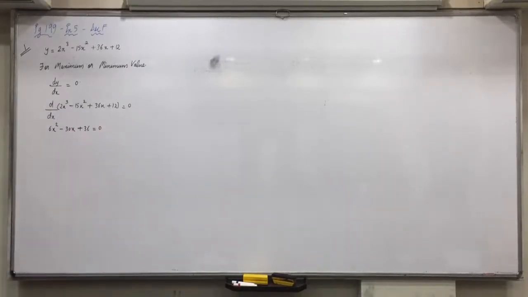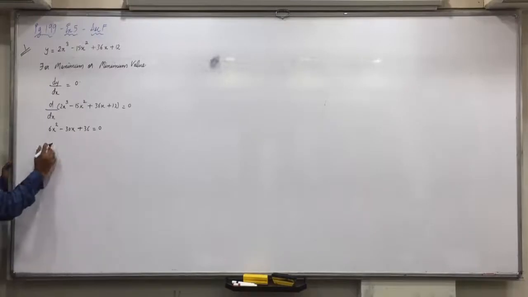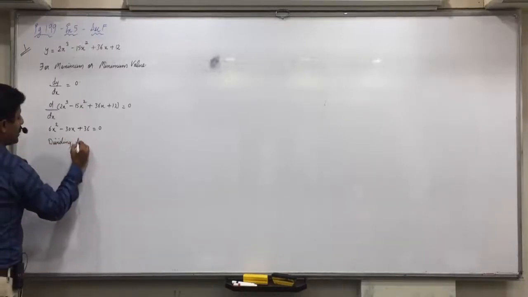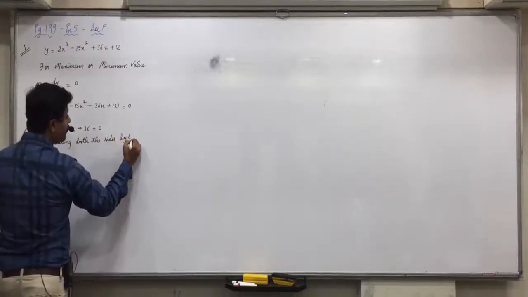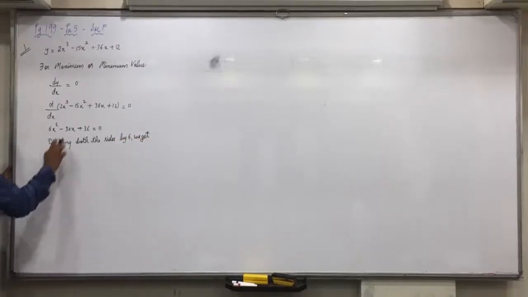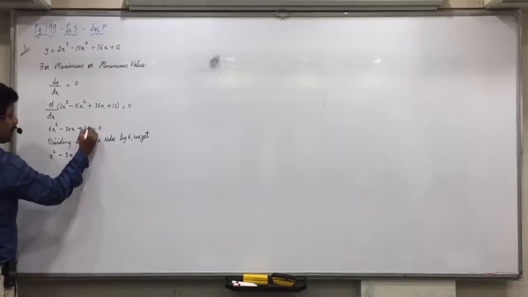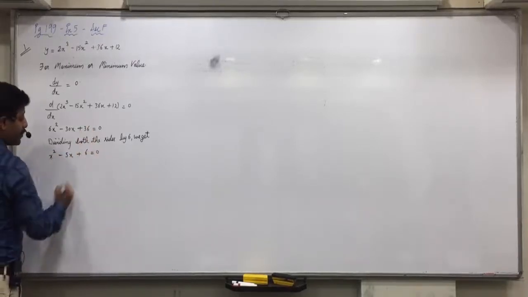Any confusion in this? Now, 6 all can be divided by 6 here. So dividing both the sides by 6, we get x square, 5x and 6.